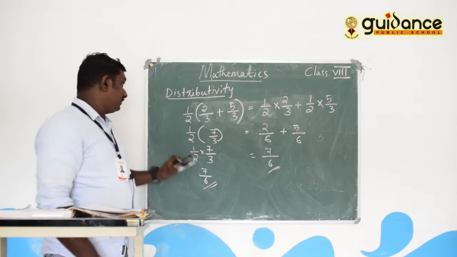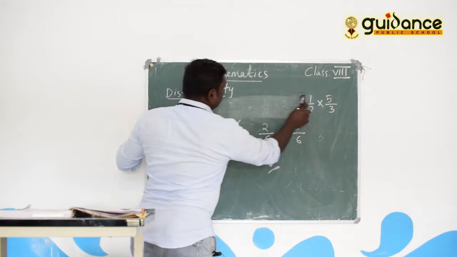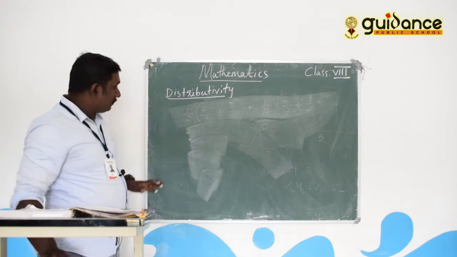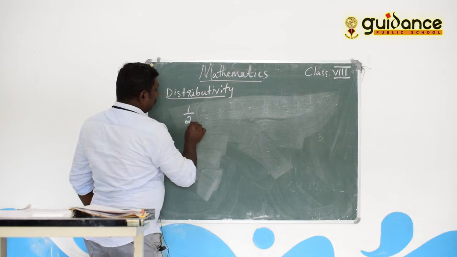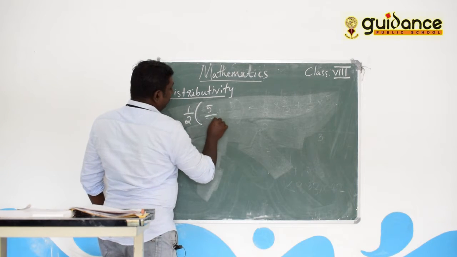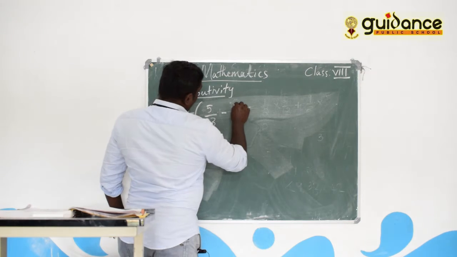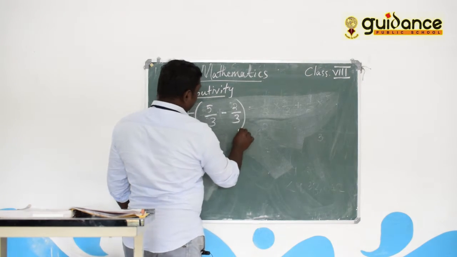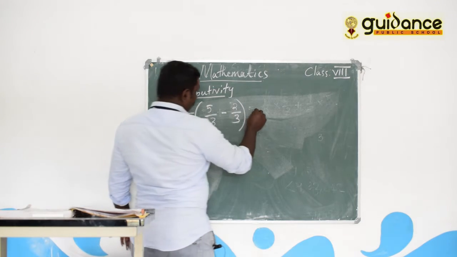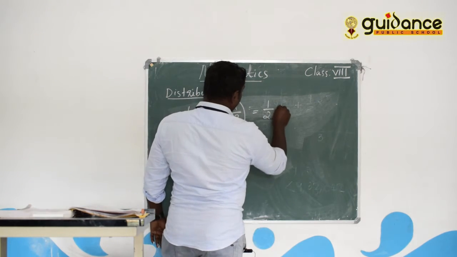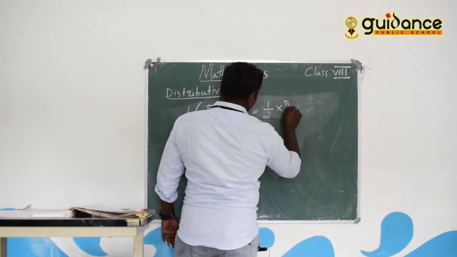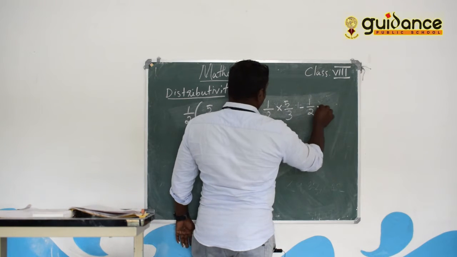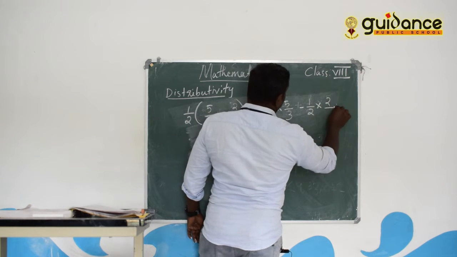We can do the subtraction. Now we can do the subtraction of distributivity. So 1 by 2 bracket of 5 by 3 minus 2 by 3 equal to 1 by 2 into 5 by 3 minus 1 by 2 into 2 by 3.